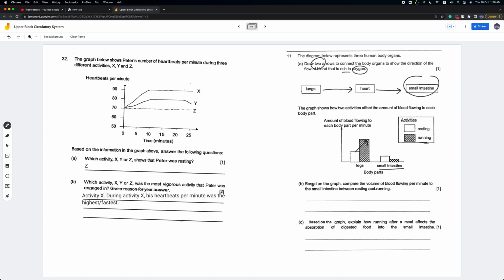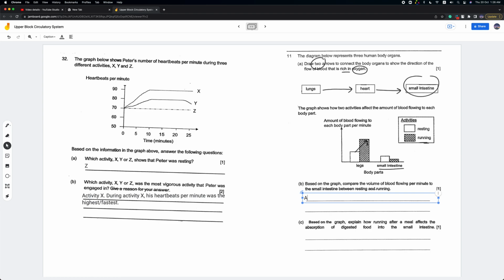So based on the graph, compare the volume of blood. This is a very straightforward question. It's just a comparing question. But remember, our technique: use words from the question, especially if there's a graph. So compare the volume of blood flowing per minute to the small intestine between resting and running. It's only the small intestine between resting and running.